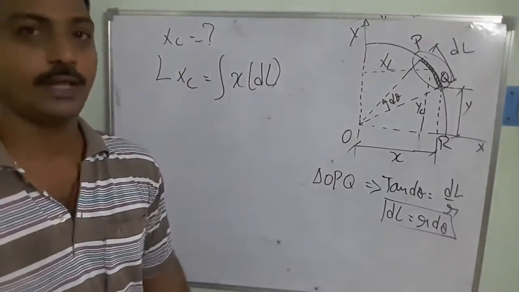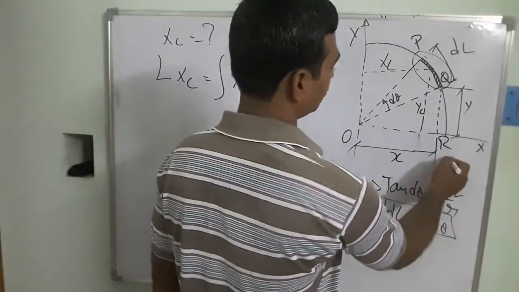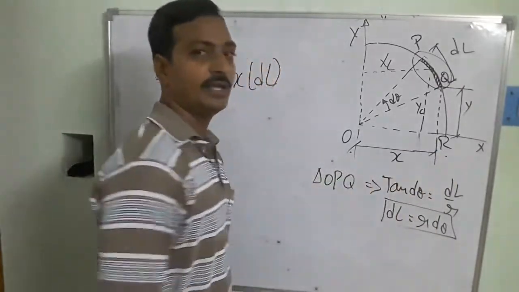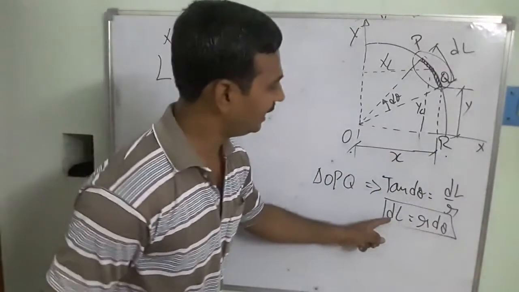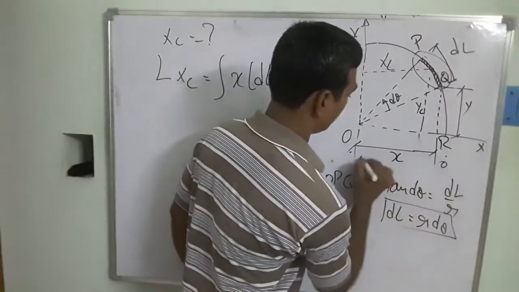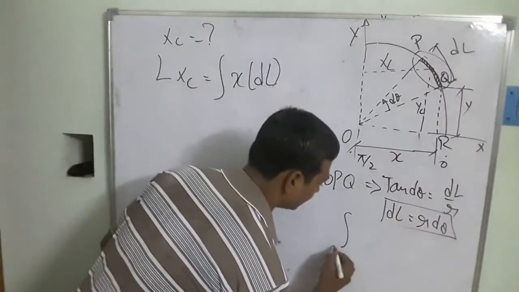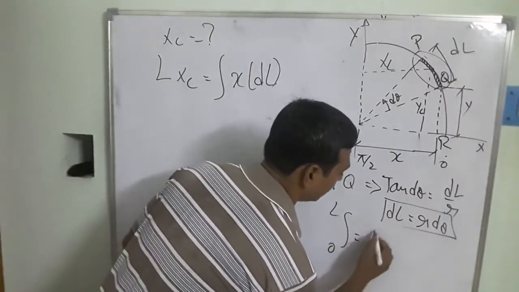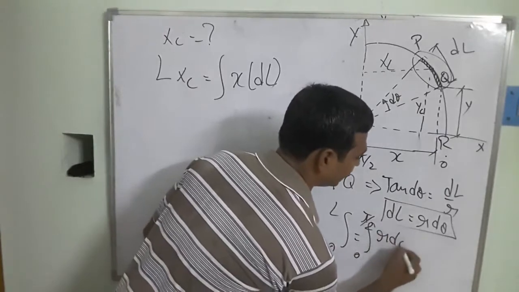In this case the angle is going to spread from 0 to 90 degrees only, so dl is going to spread from 0 to pi by 2. Substituting in this equation, the integral from 0 to L becomes the integral from 0 to pi by 2 of r d theta.